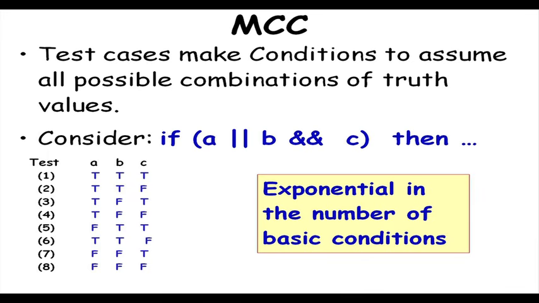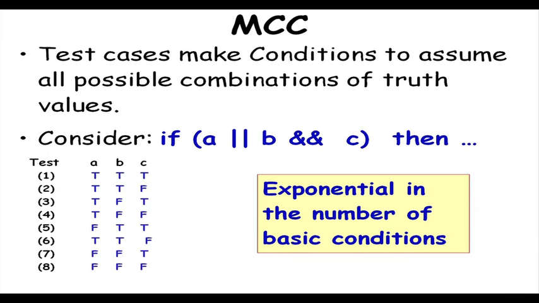And if we have 30, billions. But then you might ask, do they really occur, that many component conditions in conditional expressions? Yes, in many applications they do occur. For example, control applications.